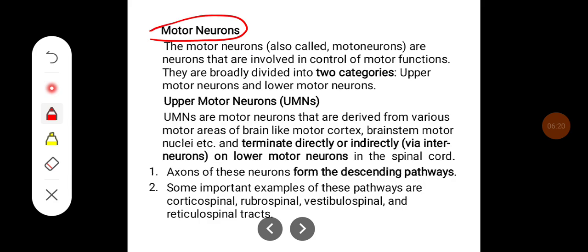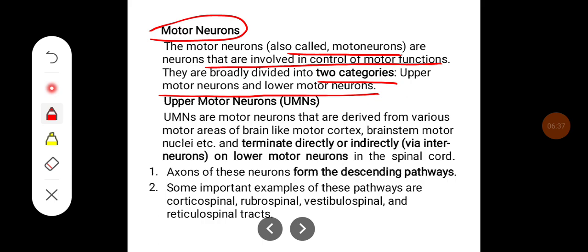Motor neurons. The motor neurons are involved in the control of motor functions. They are broadly divided into two categories: upper motor neurons and lower motor neurons.